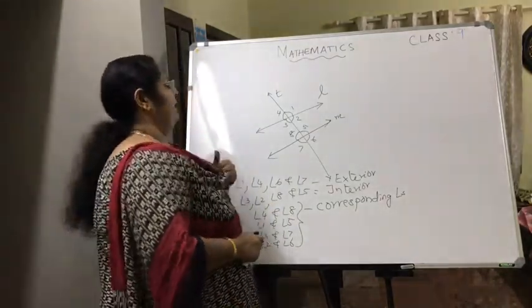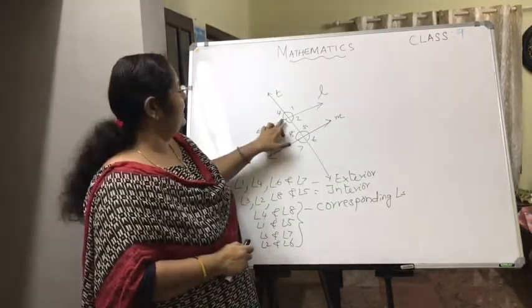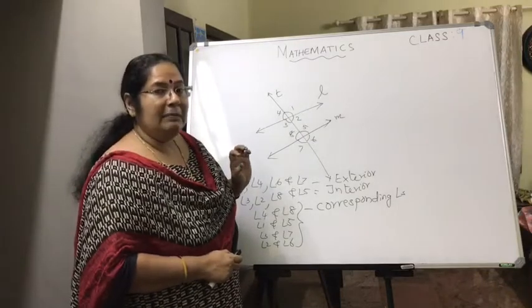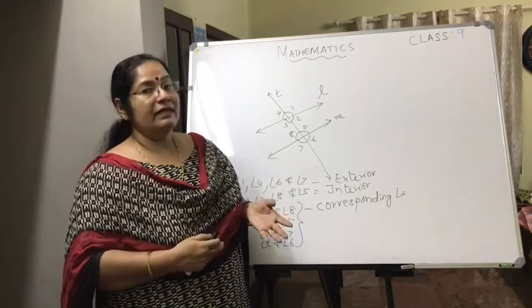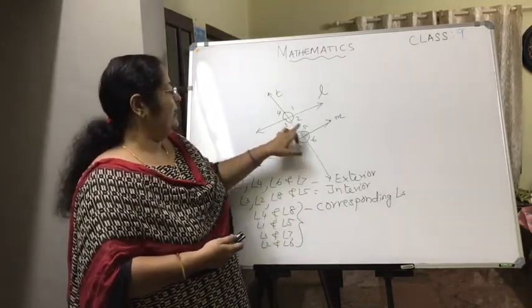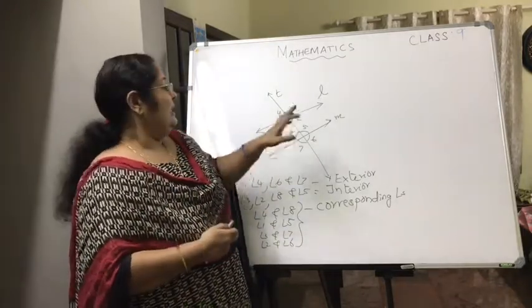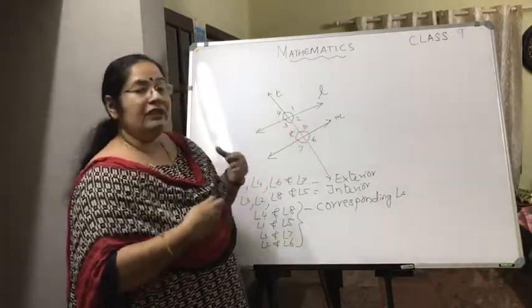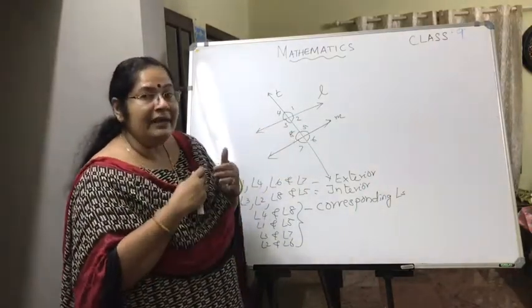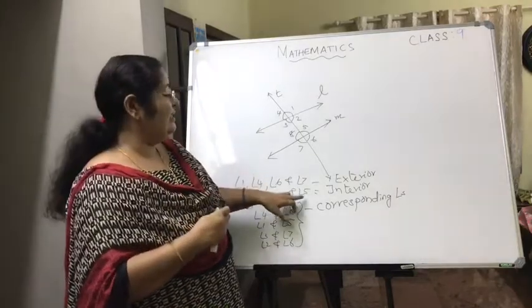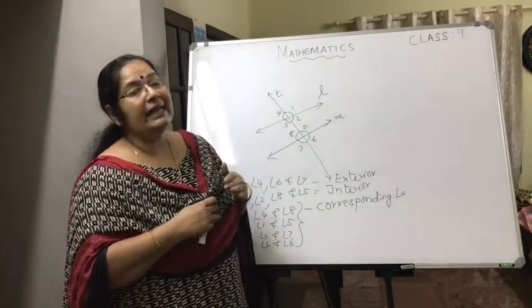Now, the next set of angles. Look at angle 3 and 5. Where are they placed with respect to the transversal? Are they both placed on the same side of the transversal? No. They are placed opposite to the transversal. And how is the positioning with respect to the lines? Both these angles are coming inside the lines, that is, interior angles. So, 3 and 5, one thing is they are interior angles.